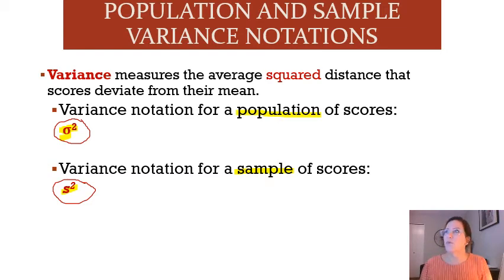Basically, when we're reporting information, we use notation so that we don't have to write out the whole sentence, "variance for a population is," and then write the number. If we just use the right notation, that notation in itself tells us whether we're dealing with a population or a sample. And every parameter or statistic that you report must have a notation if there is one available.